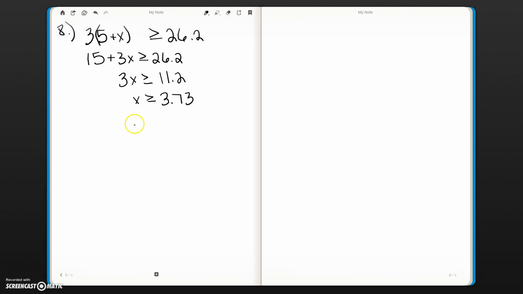So she needs to add 3.73 miles to her daily run or more.